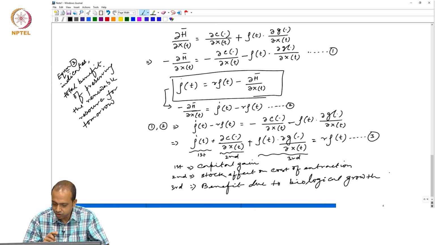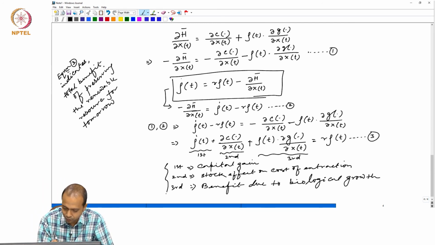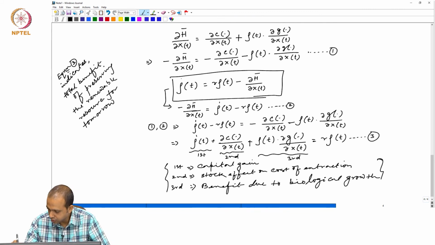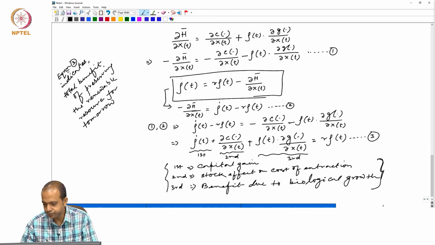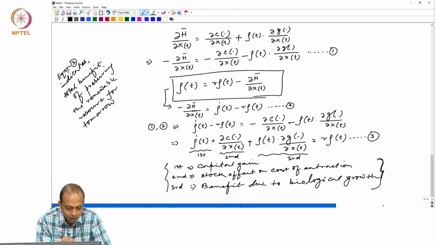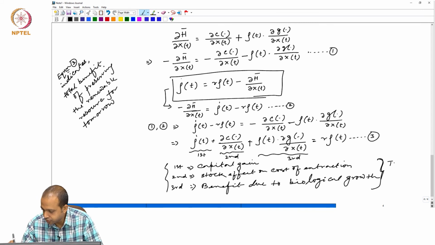So, this is the total benefit from preserving the resource.